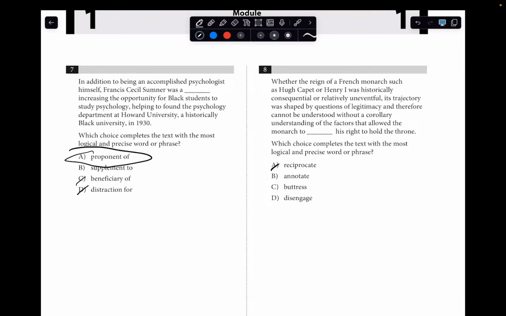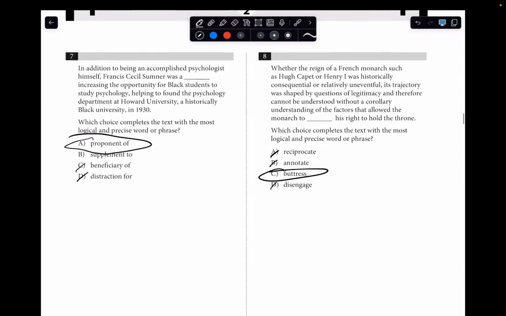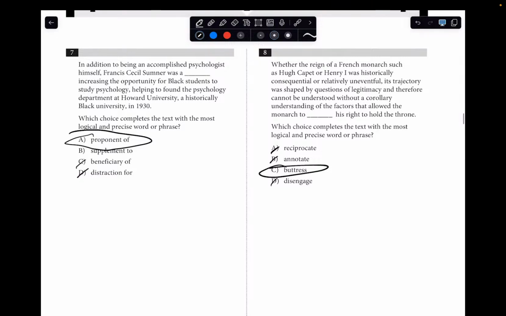I don't think that quite fits. Annotate? I don't think that either. Disengage? No. That leaves us to buttress. You don't see buttress often, but it allows him to validate. I think validate would also fit there. So validate, buttress, reasonably close, I would think.